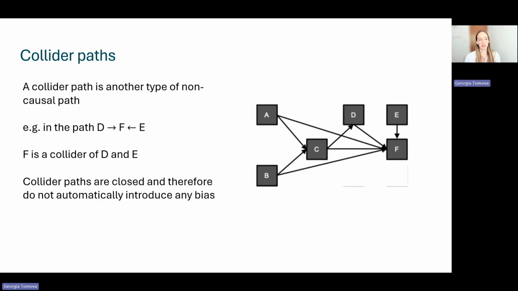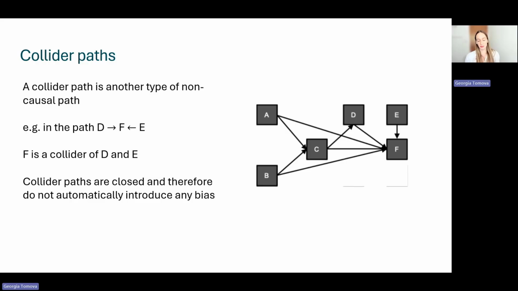For example, in the figure here, one type of such collider path is the path from D to F to E. So D causes F, and E causes F. In other words, the path goes from D to F forwards and then backwards from F to E. In this context, we would call F a collider because the paths from D and E collide in F. So F is a collider variable.